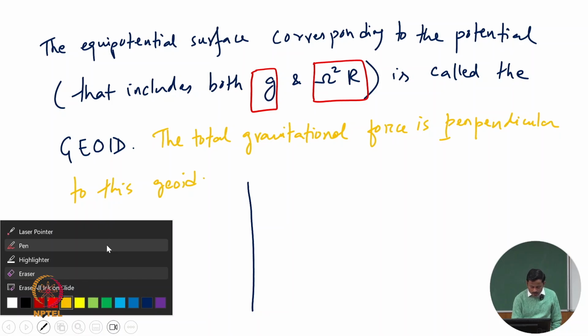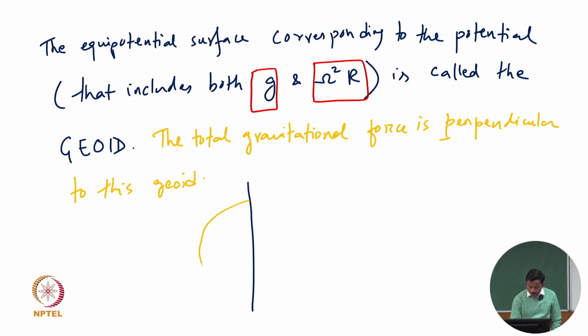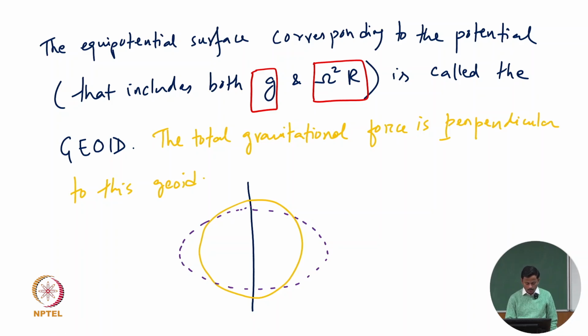This is the solid Earth, and then this is the spherical Earth, and this is something which is oblate. This is of course very exaggerated, not to scale.